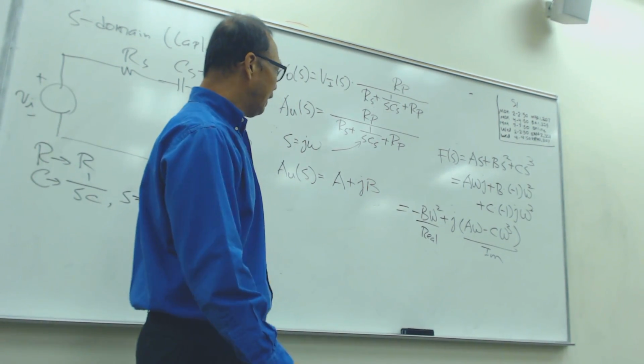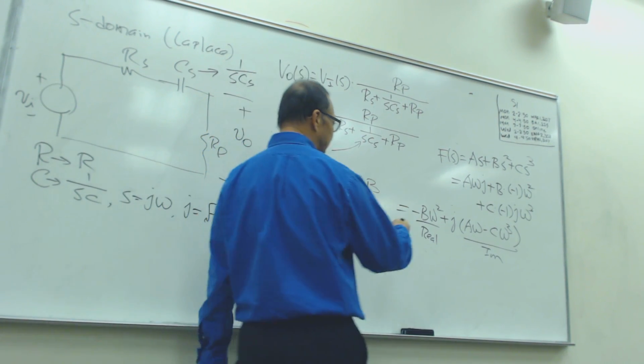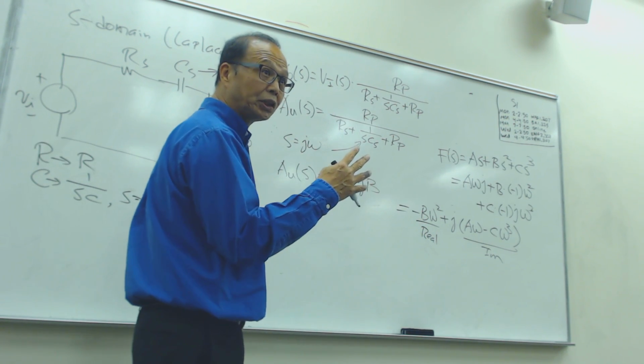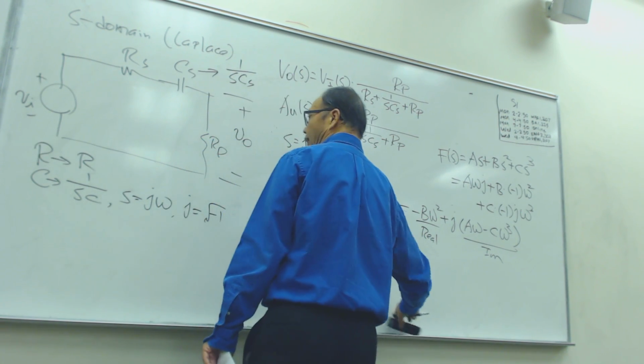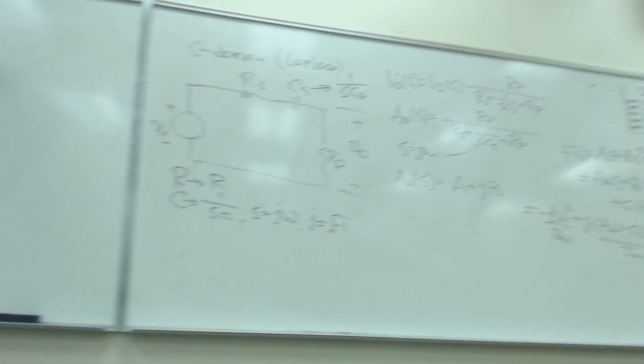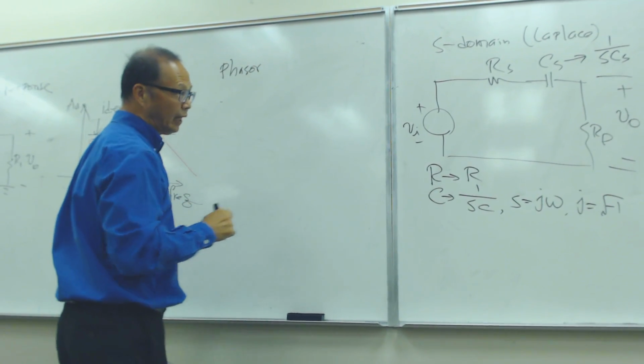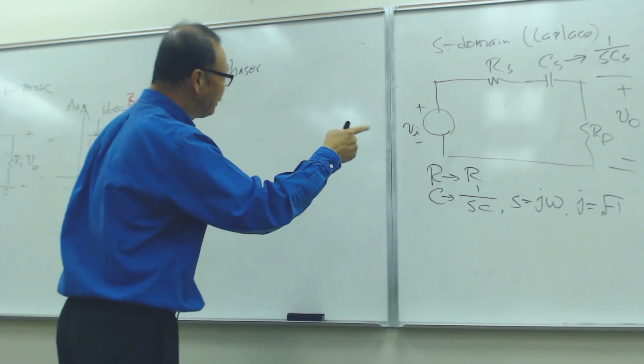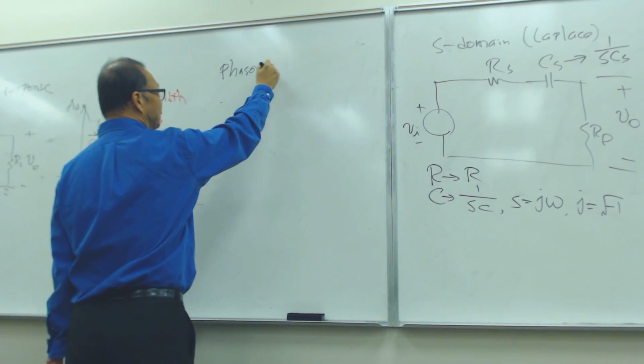So that's a complex number. Okay. Now how do you transform the complex number to the phasor? You know phasor, right? Again, this is just a review. You're supposed to learn it. So you can put this into the phasor, right? Okay. So what is the phasor of that?